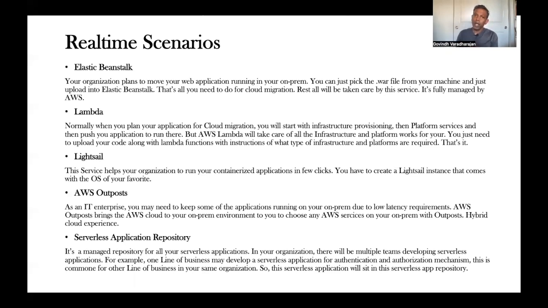And you need to communicate between this category of on-premises applications and the applications running in AWS. So that brings the hybrid cloud nature to your environment. So for that, AWS Outposts is the best fit.